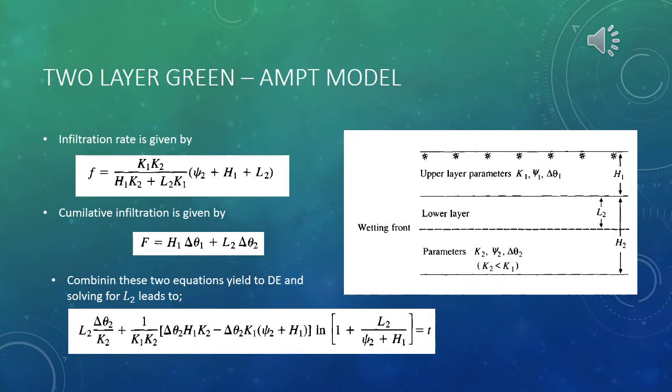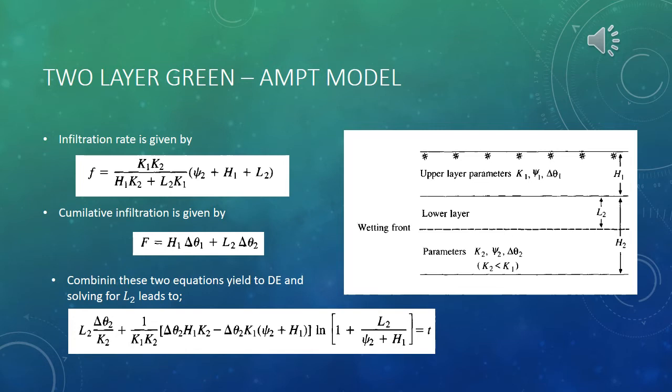If we have this kind of example, we need to apply the infiltration rate equation: K1 K2 (H1 K2 plus L2 K1) over... the suction psi2 plus H1, where H1 is the depth of the first upper layer and L2 is the length of the second layer before the wetting front.